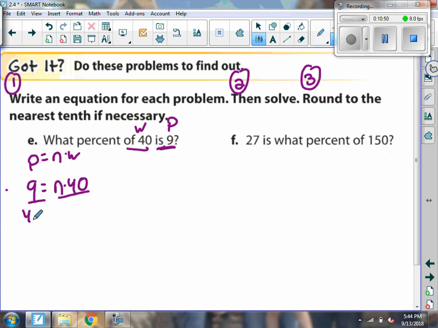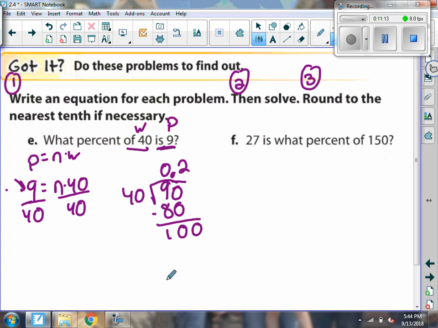So I divide both sides by 40. So 9 divided by 40. When we divide, and when we set up our fractions like this, the number on top, your numerator, is what goes inside when we divide. 40 goes into 9 0 times. So I add a decimal and another 0. 40 goes into 90 2 times. It's going to be 80.